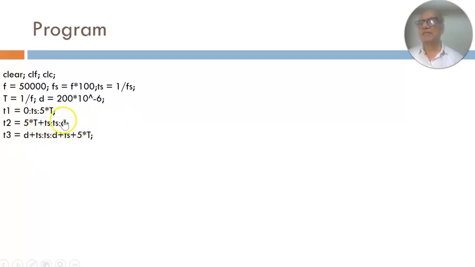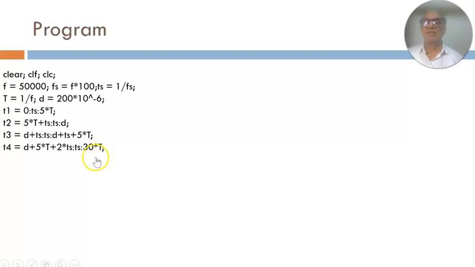Then t3 starts from d, you add Ts, the sampling time again. And then from d plus Ts, you go by 5 times T, because remember, the received signal also has 5 cycles. And finally, t4 is d plus 5T plus Ts plus Ts, so it becomes 2Ts, then the sampling time and 30 times T.